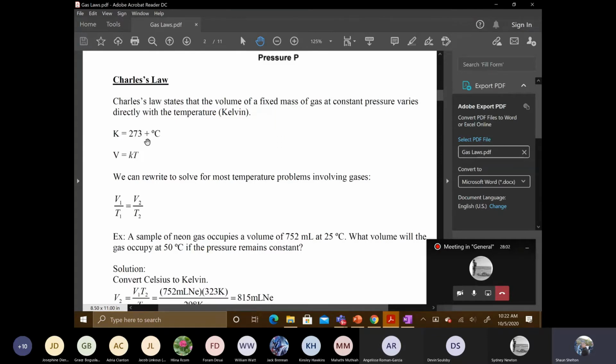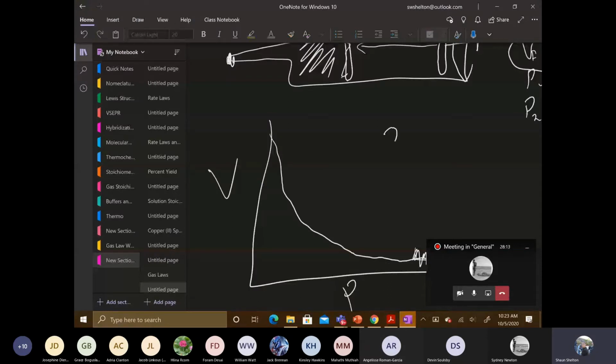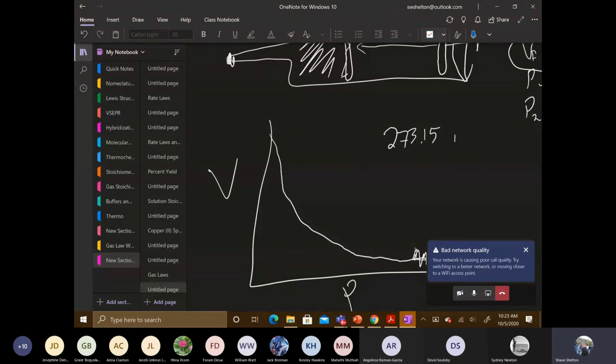Now, to do this, you just take your Celsius and you add 273 to that number. Now, the exact value is this: 273.15 plus degrees Celsius.